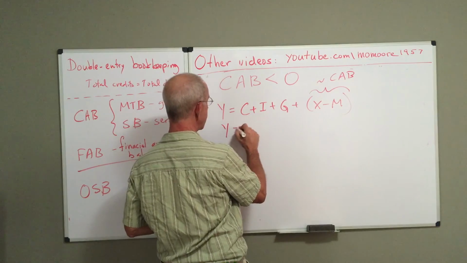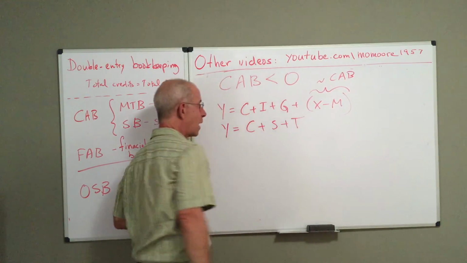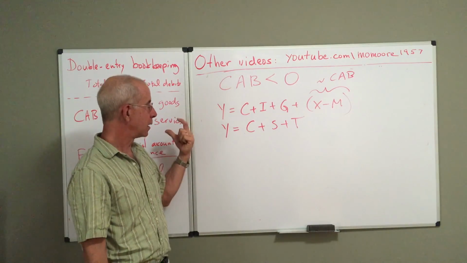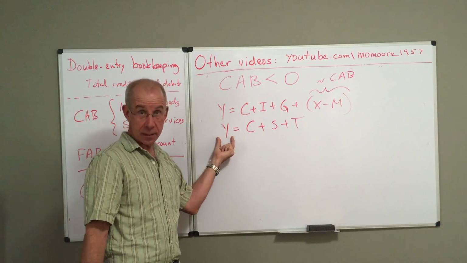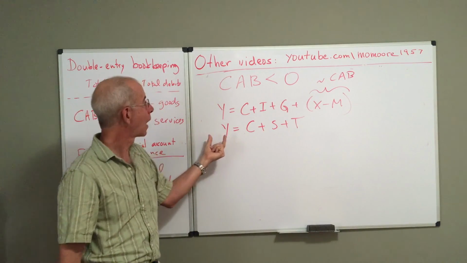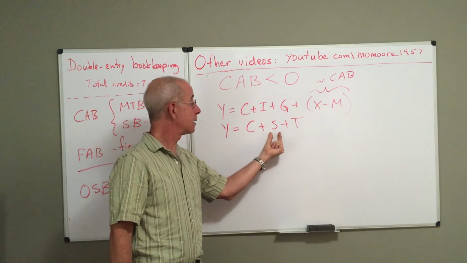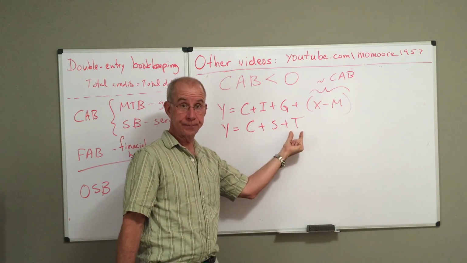Another relationship that you may have seen before is the following. Again, setting aside the slight differences between expenditure and national income, we can basically say that national income can either be consumed, it can be saved, or it can be taxed away by the government.